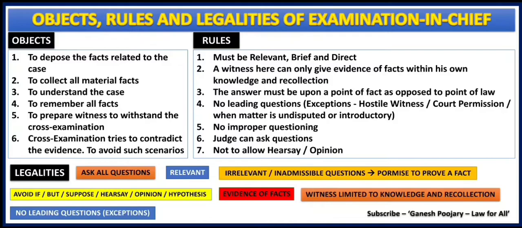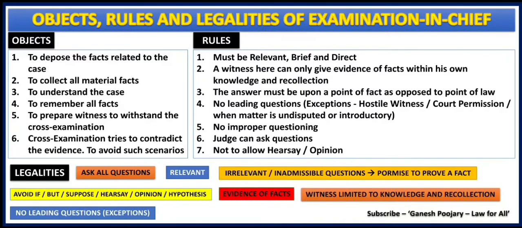And the fourth object is to remember all facts. The examination in chief should ensure that all the facts were collected, all the facts were remembered. That is the very important object. And the fifth one is to prepare witness to withstand the cross-examination. And sixth one is the continuation, that cross-examination tries to contradict the evidence, and to avoid such scenarios, one has to do a right examination in chief.